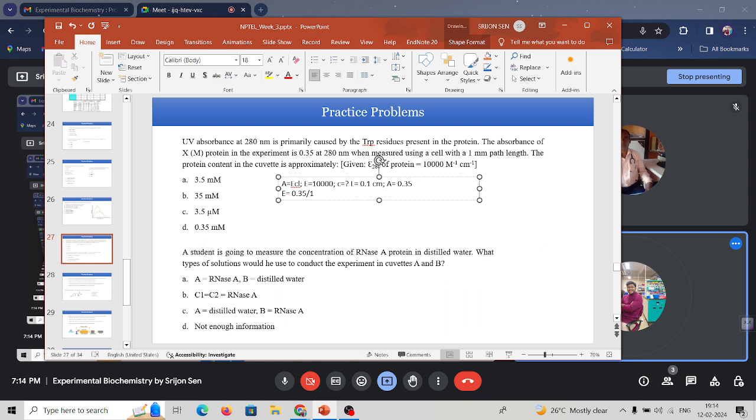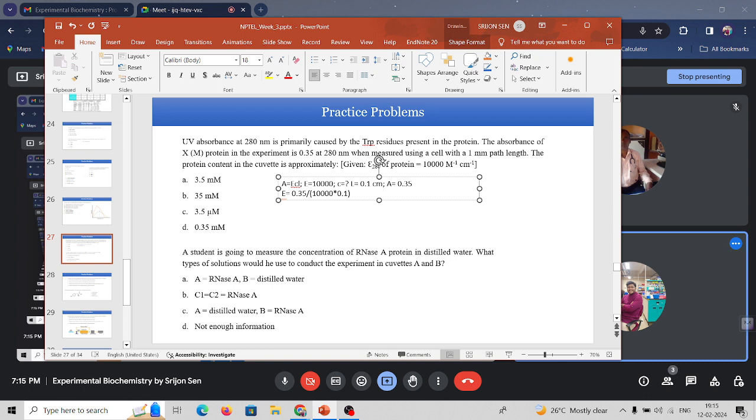So C is equal to 0.35 divided by 1000 into 1. So what do we get?